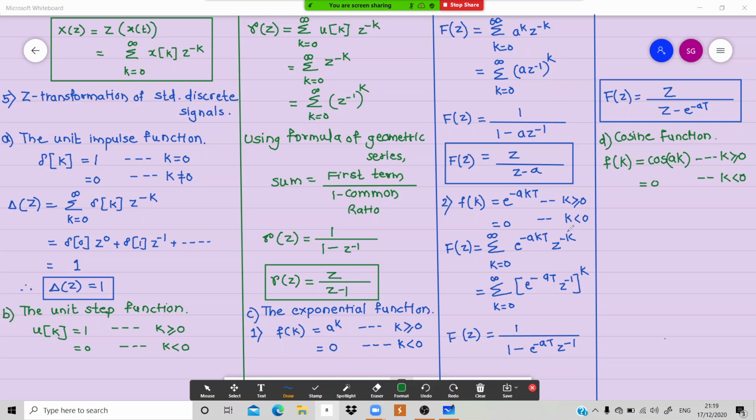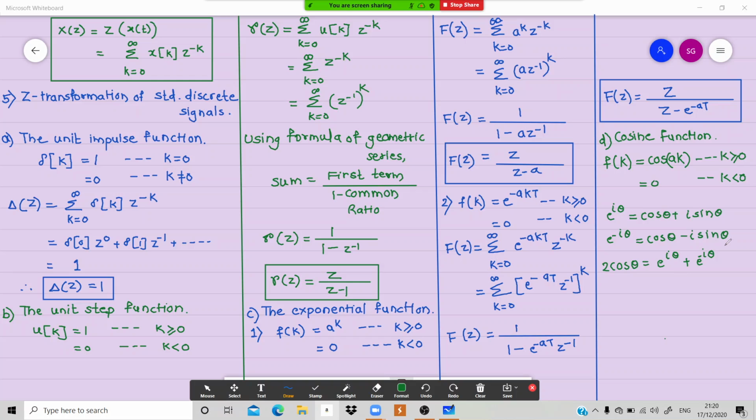See, e raised to j theta, correct? If you want to represent it in sine and cosine, it is cos theta plus j sin theta. On the same line, e raised to minus j theta is cos of theta minus j sin of theta. Now if I add these two, I have the cos function. So 2 cos theta is equal to e raised to j theta plus e raised to minus j theta, correct?